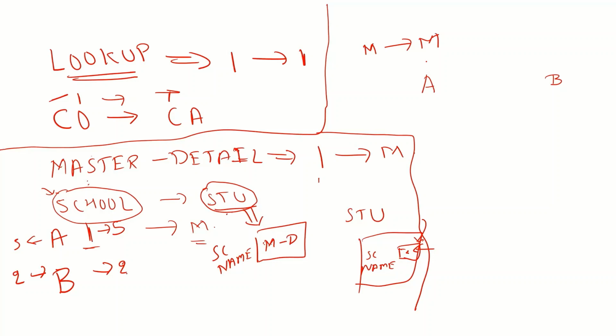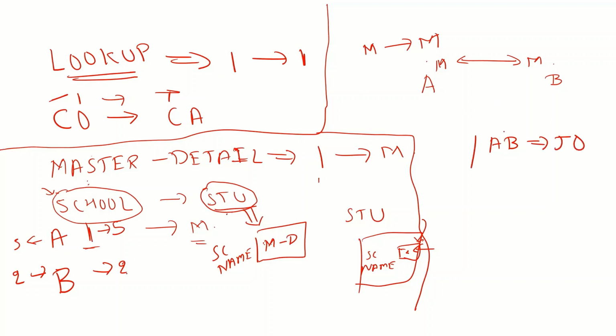An A record can have many B records, and B records can have many A records. So to create a many to many relationship between A and B, we have to create a junction object. The name of the junction object might be AB, for example. This is the junction object.